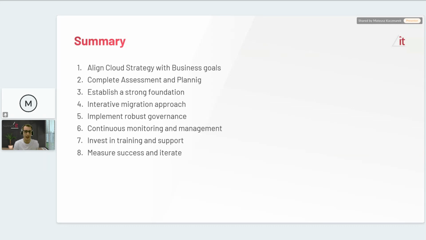Ensure that they have access to ongoing training and support to stay up to date with the latest technologies and best practices. And measure success and iterate. Finally, define the key metrics to measure the success of your cloud initiatives. Use these insights to drive continuous improvement and adjust strategy based on performance and feedback.